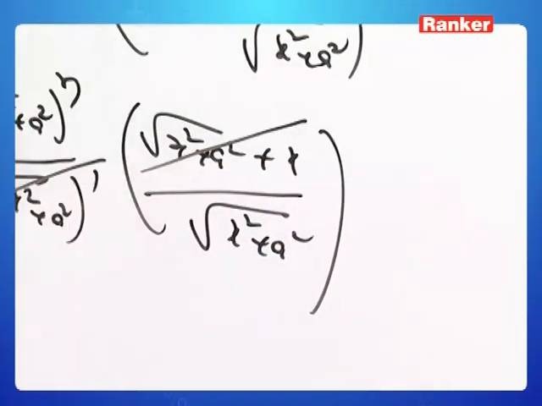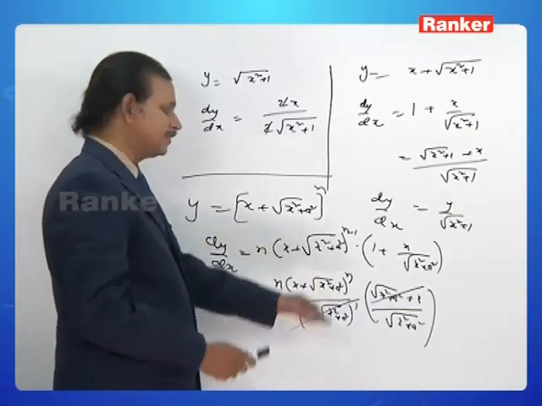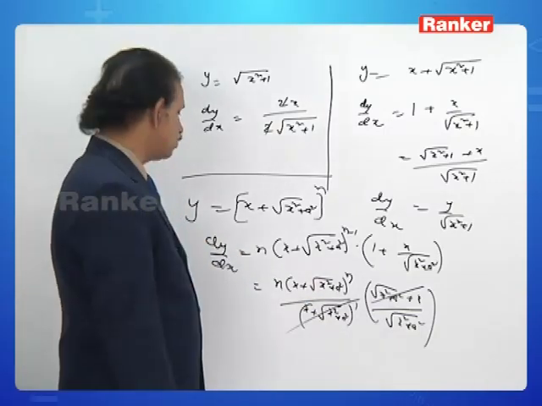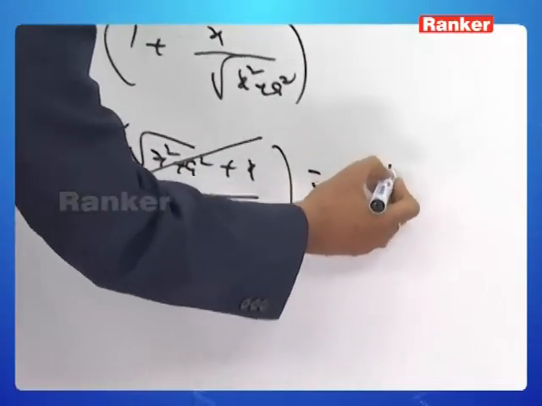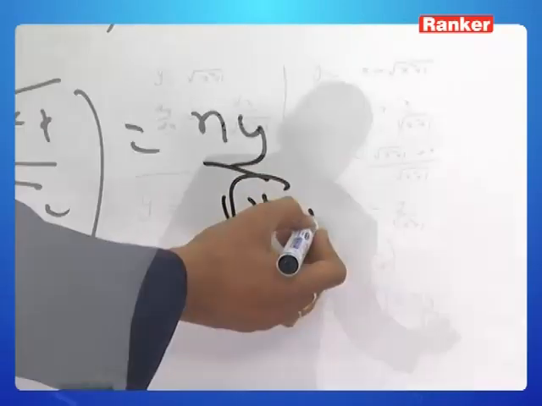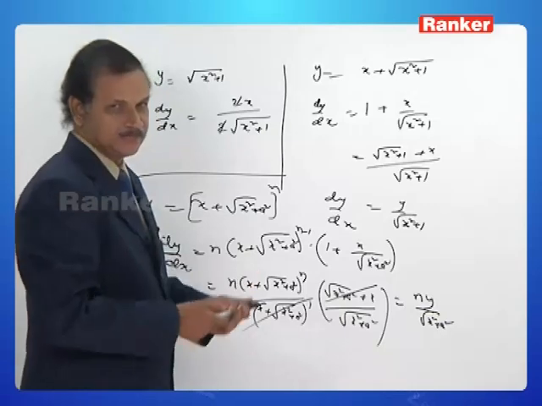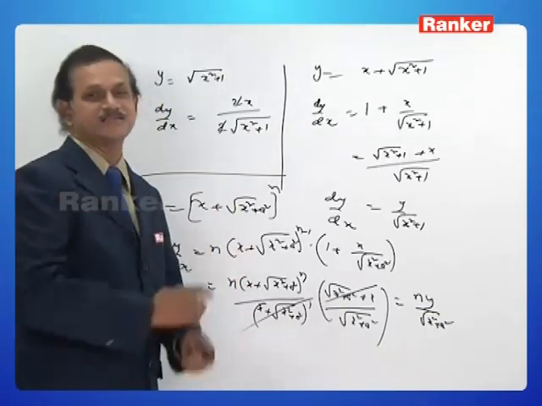You tell me what is going to happen. That will be cancelled. n into what is x plus root of x square plus a square? It is y. So it is ny by root of x square plus a square. Let us now make use of a general understanding.